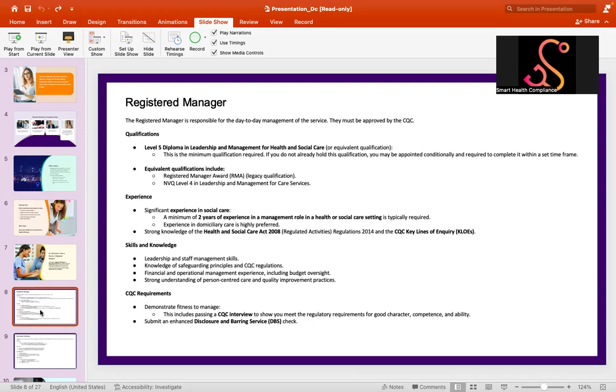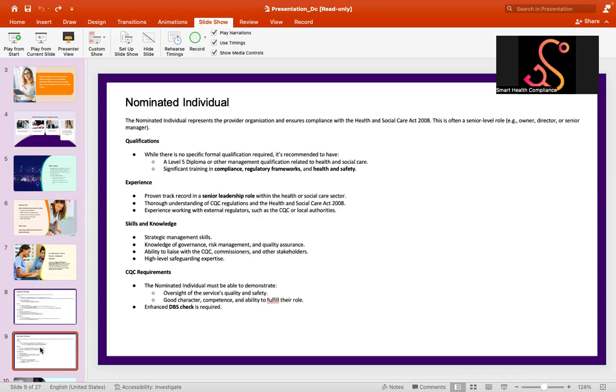Leadership and staff management skills are essential. Knowledge of safeguarding, financial and operational management experience, and a strong understanding of person-centered care. So you should be able to demonstrate that you have either the qualifications, experience, both in an ideal world, and this needs to be relayed to the CQC, okay?